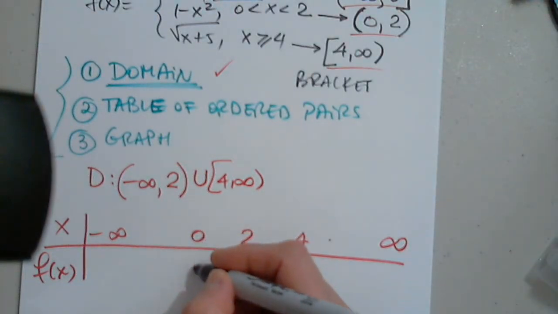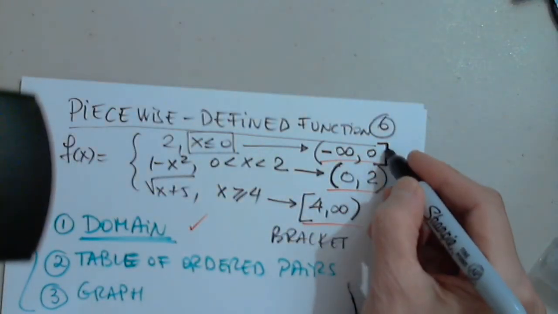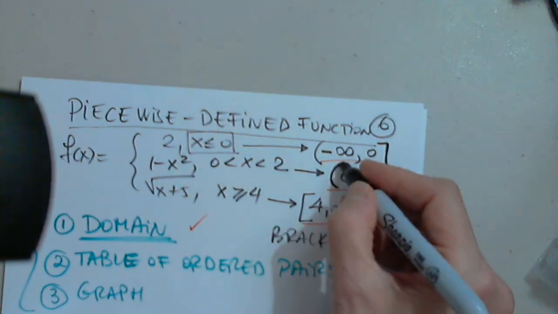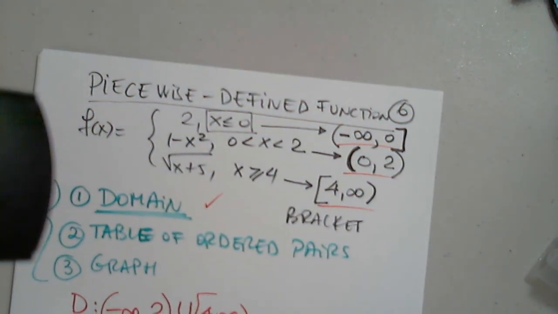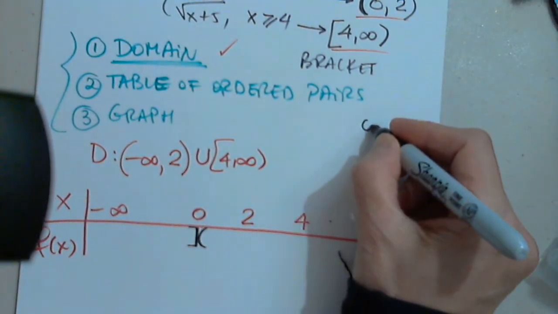Exactly under 0, I will have these two symbols touching each other. Exactly how I see them here. A bracket opening to the left and the parenthesis opening to the right. Exactly under 0, not something like this.